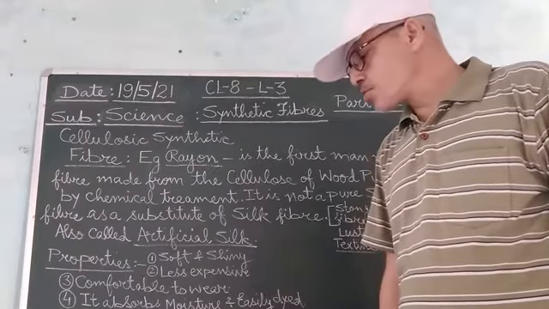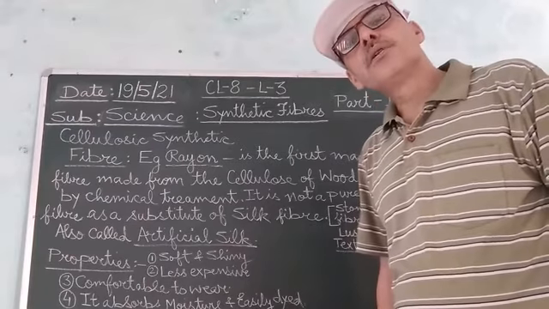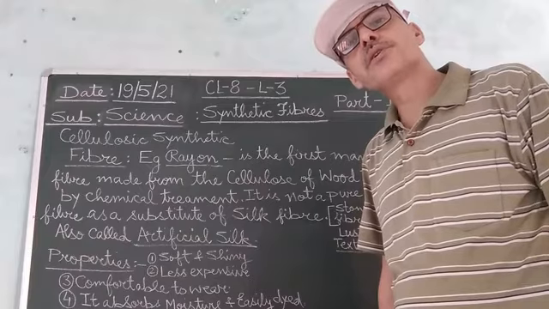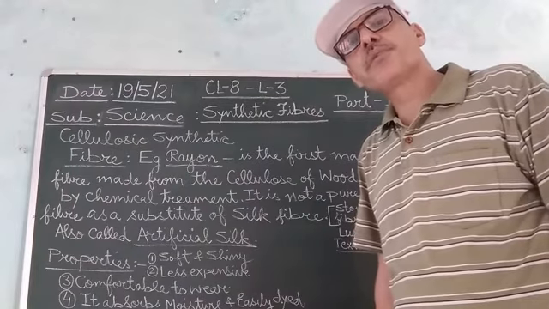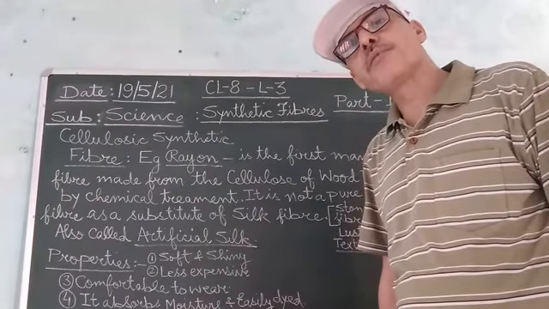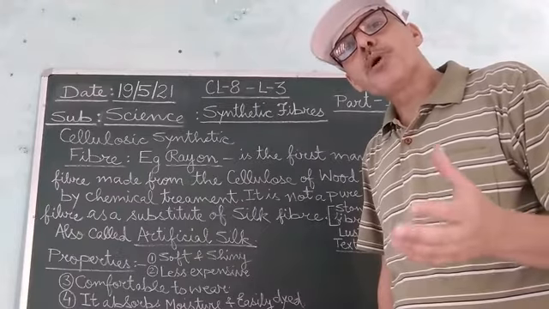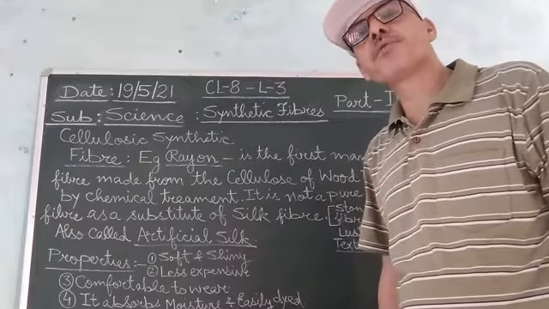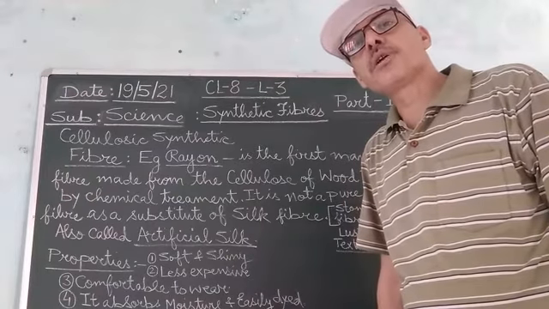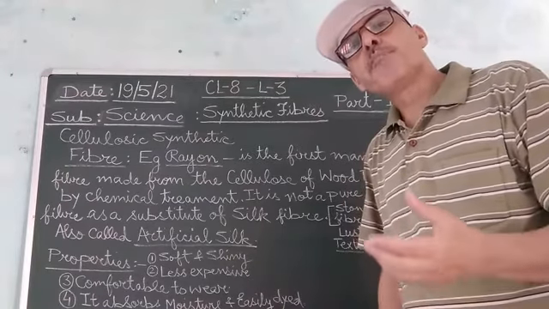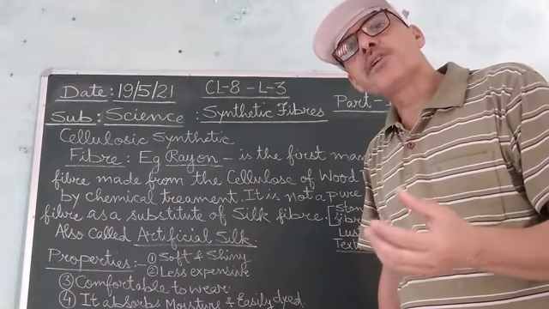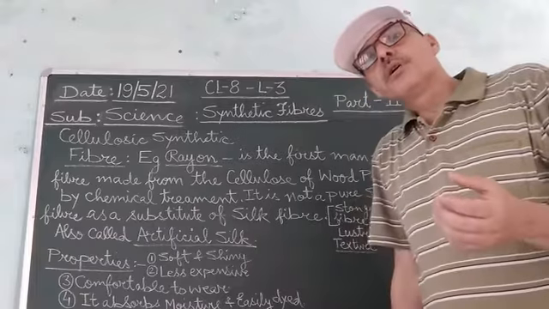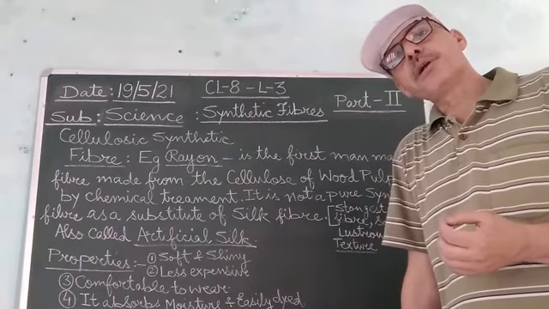So you should remember the difference between the polyester and acrylic. That is, the polyester type of non-cellulosic synthetic fiber is made from the polymer of ester, whereas the acrylic type of non-cellulosic synthetic fiber is made from the polymer of polyacrylonitrile. So you students, learn it and remember it.